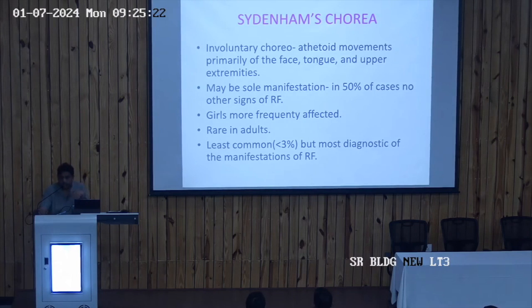It can involve the lower extremities, but usually the face, tongue and upper extremities are involved. It is the sole manifestation in 50% of cases, with no other sign of rheumatic fever like subcutaneous nodules, skin, joint or heart involvement. It is usually seen in children less than 15 years of age; in 40 to 50% of cases the presentation of acute rheumatic fever may be only the symptoms of Sydenham's chorea.